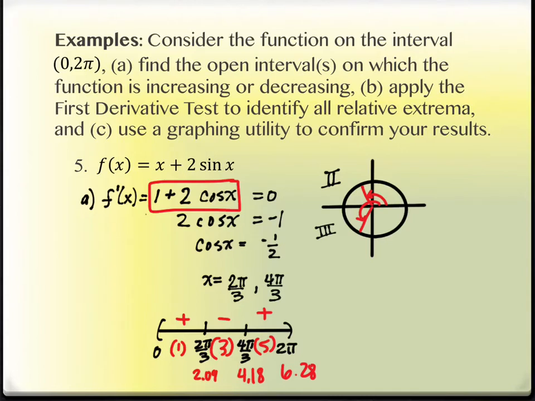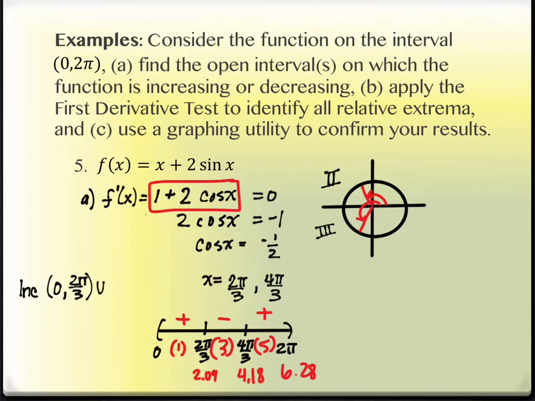Now if I'm identifying where things are increasing, decreasing, moving from left to right, what's happening first? Close. 0 to 2. 0. Yeah, we'll start with 0. Okay, so first of all, it's increasing. Let me write that first. It's increasing. We'll start at 0, and we'll stop increasing at 2 pi over 3.